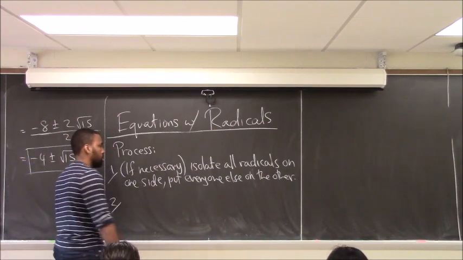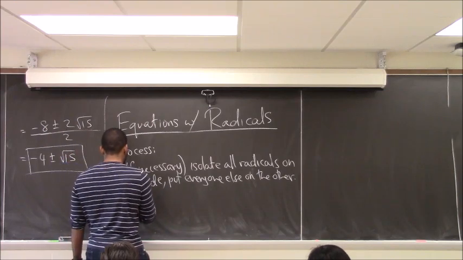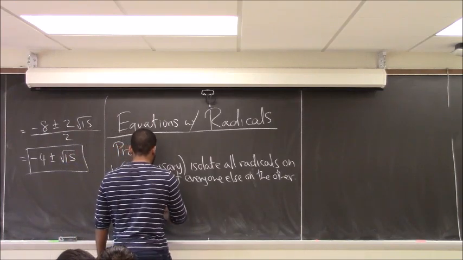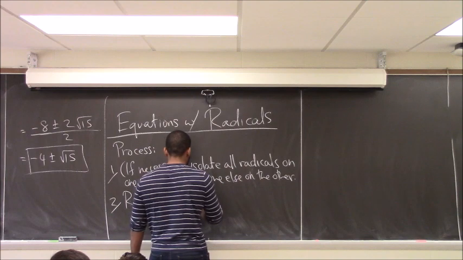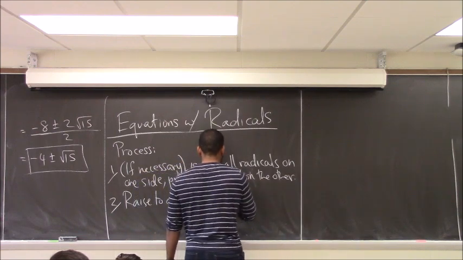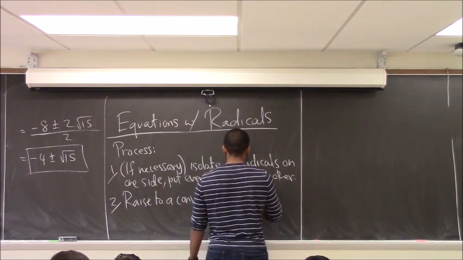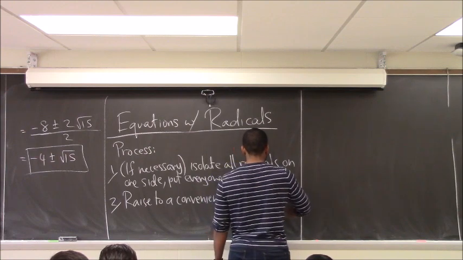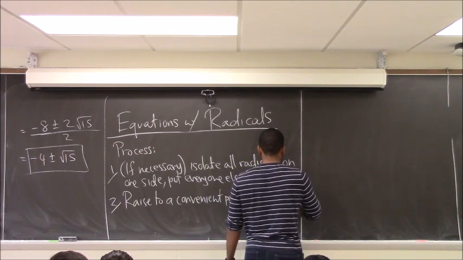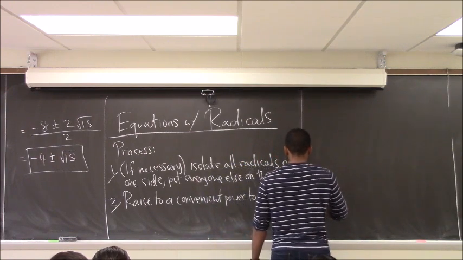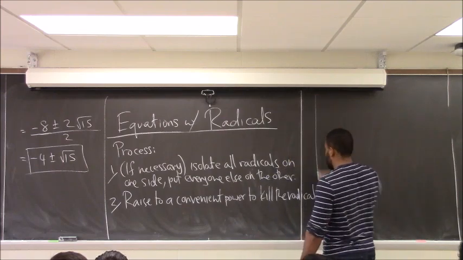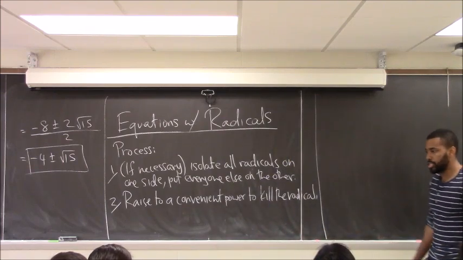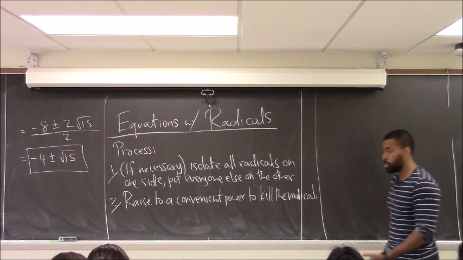So bring everyone who has a radical on one side, put everyone else on the other side. 2. Now you're going to raise to a convenient power to kill the radical. So for example, if your radical is a square root, squaring both sides is going to be a convenient power. You're going to want to raise both sides to the 2.